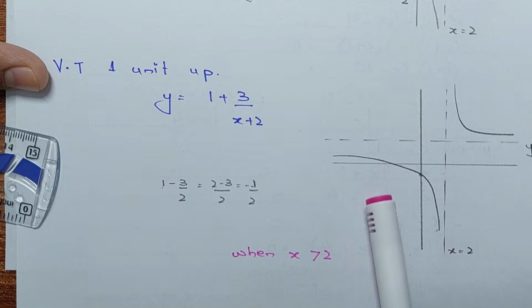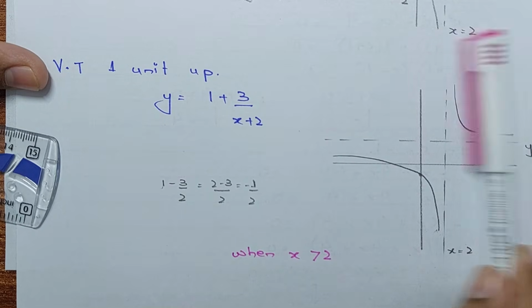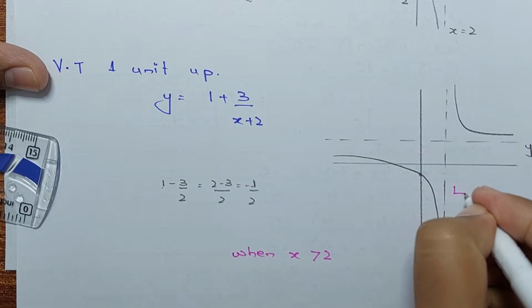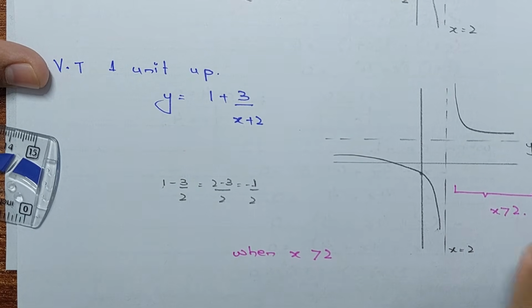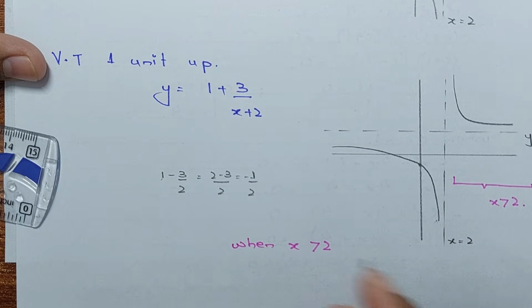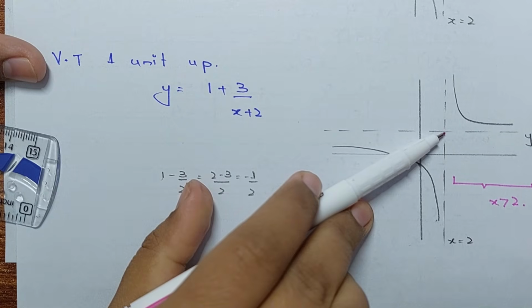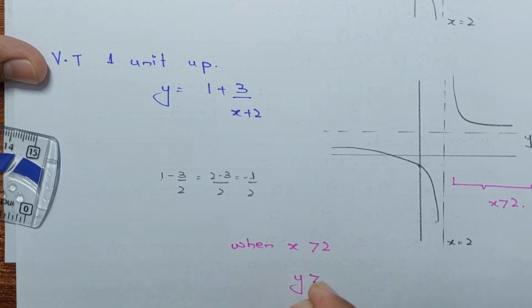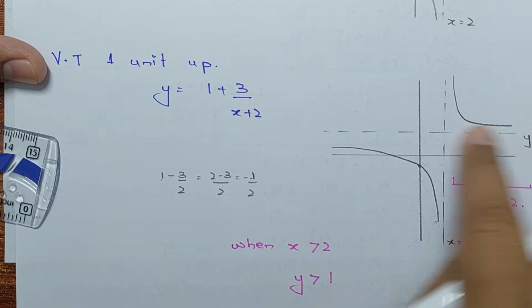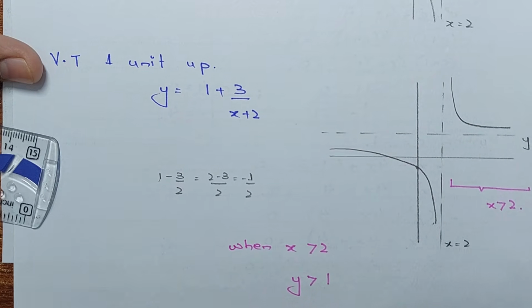So we have two parts of the graph, and we are just dealing with this part, which tells us that x is greater than 2. So when x is greater than 2, what happens to the y values? Y values are more than 1. This is y equals 1, and y values are greater than 1. That would be the range of the function.